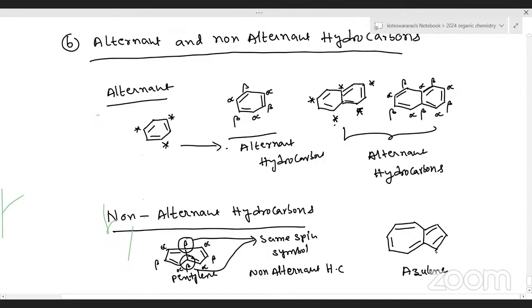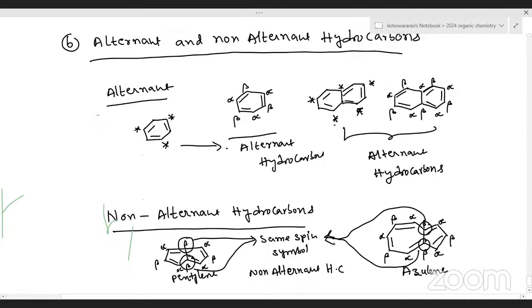Now label all the pi centers: alpha, beta, alpha, beta, alpha, beta, alpha, beta, alpha, beta. Again, this center and these two are adjacent centers having the same spin. So this molecule is also called a non-alternate hydrocarbon.